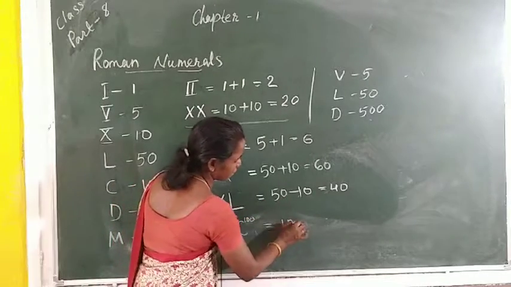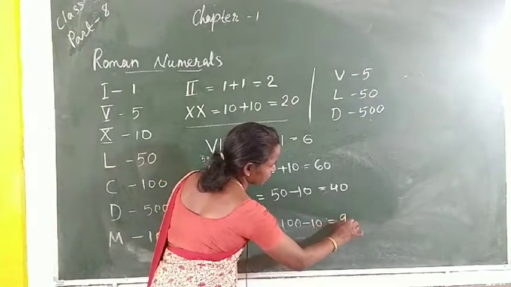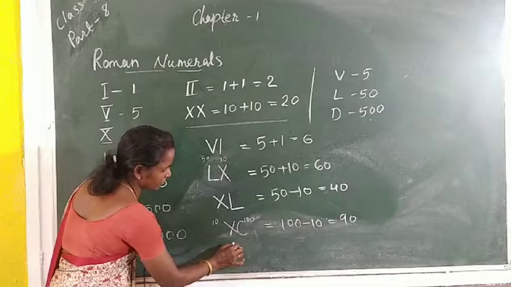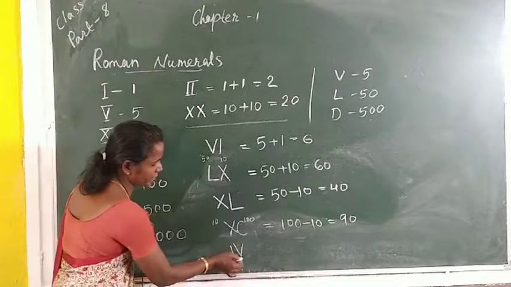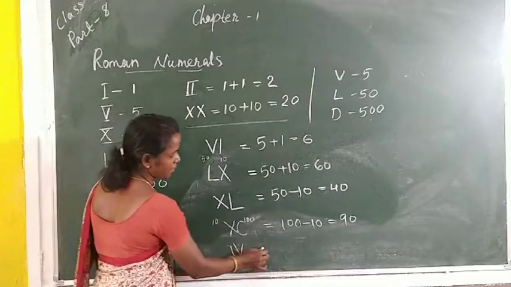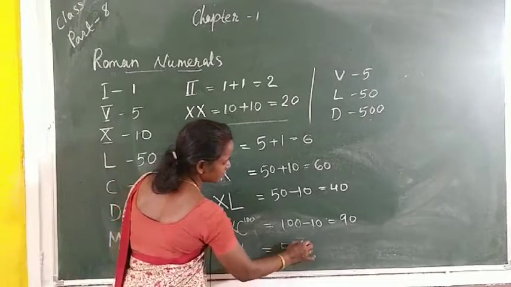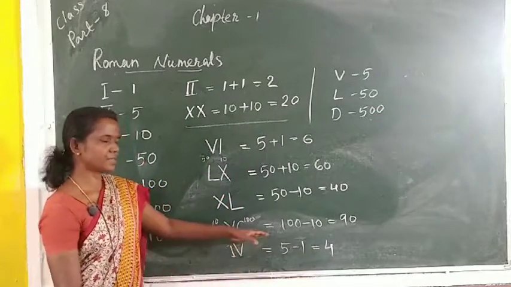So 100 minus 10 is equal to 90. Or another: this is 5, and on its left side I write 1. So 5 minus 1 is equal to 4. Is it clear?